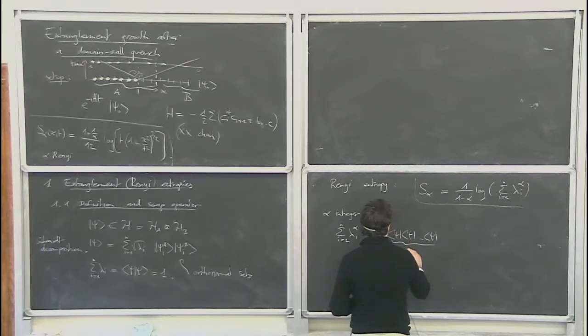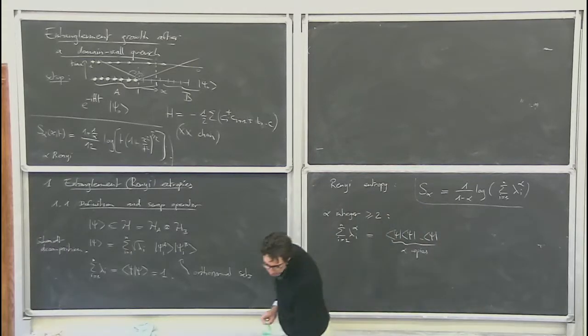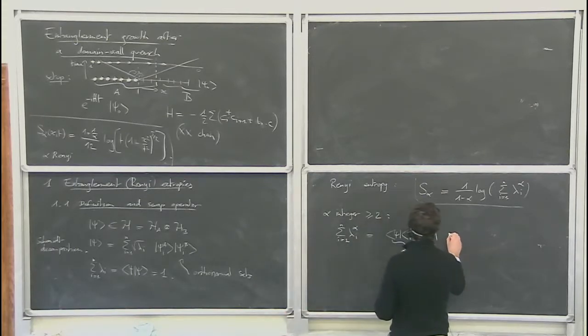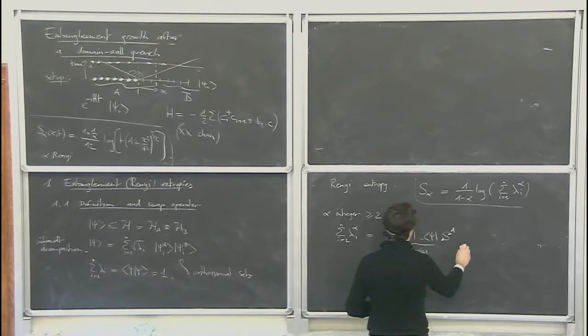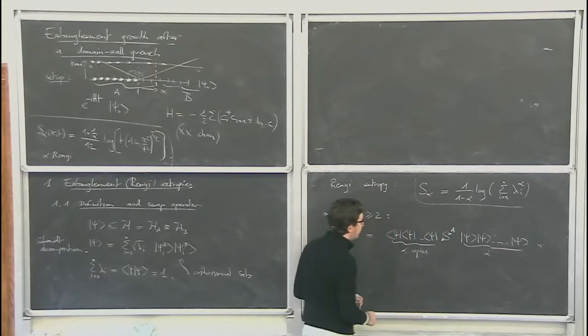So here alpha copies, of an operator that I'm also going to call S, S A. And also here alpha copies.